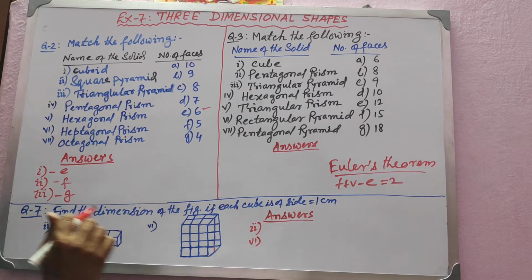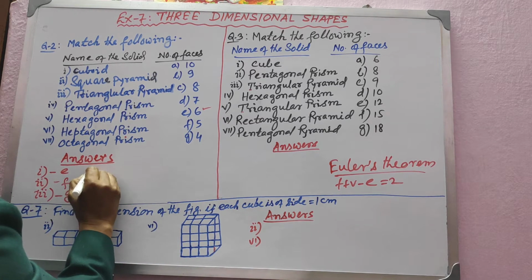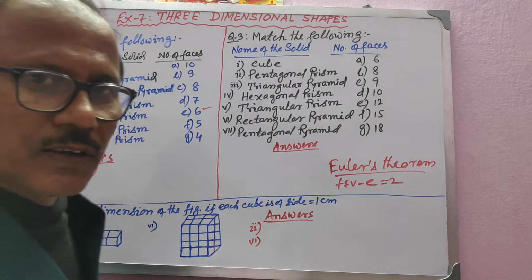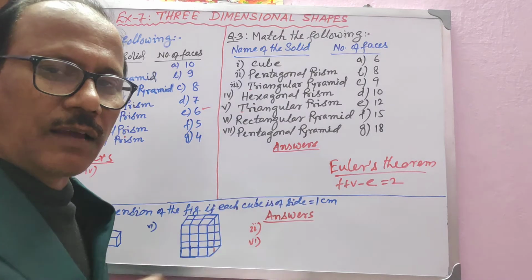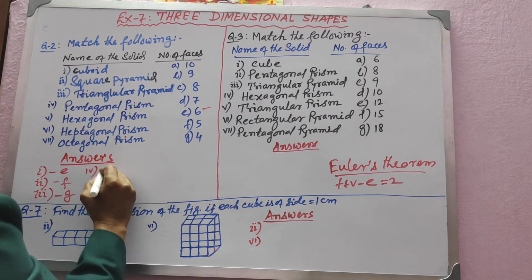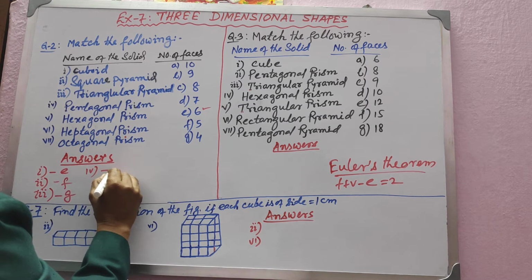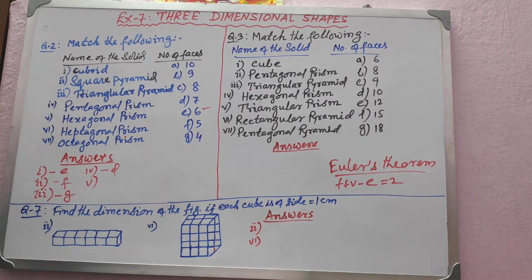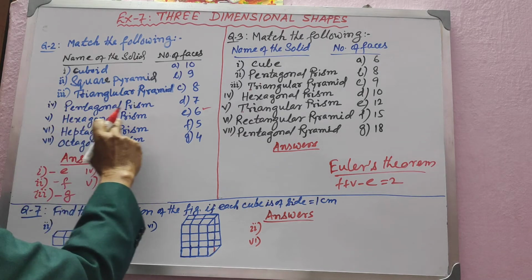And then the fourth one is the pentagonal prism. The bottom is a pentagon and the top is a pentagon, having 5 vertices. So how many faces? 1 plus 1, 2, and then 5. 5 plus 2, 7. So the fourth one will be matching with D. Then the fifth one is the hexagonal prism.